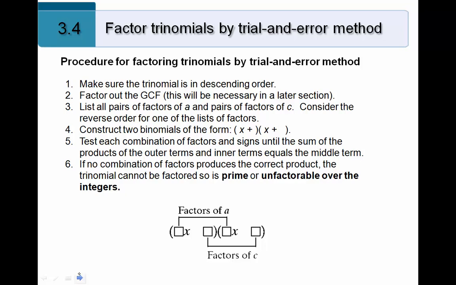And then I'm going to test each combination of factors and signs until the sum of the products of the outer terms and the inner terms equals the middle term. If no combination of factors produces the correct product, then the trinomial cannot be factored, so it's prime or unfactorable over the integers. And if you don't understand that with me just reading it to you, that's understandable. Let's just go ahead and start applying that to some problems.